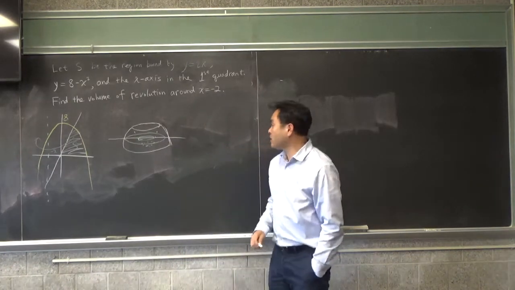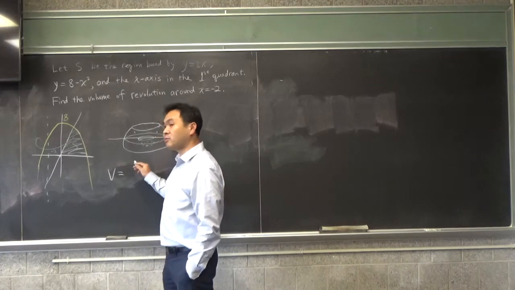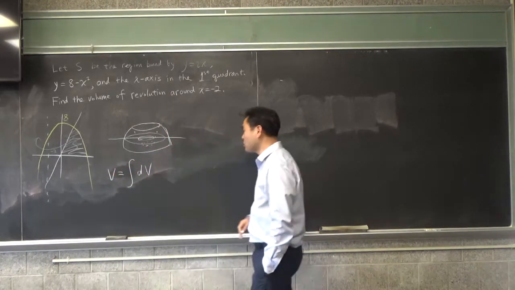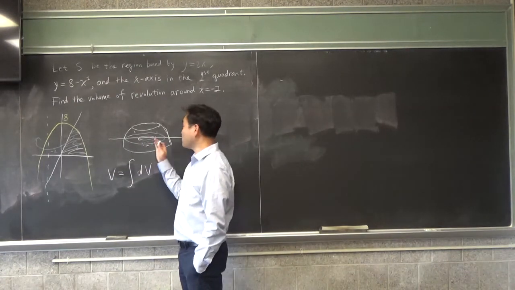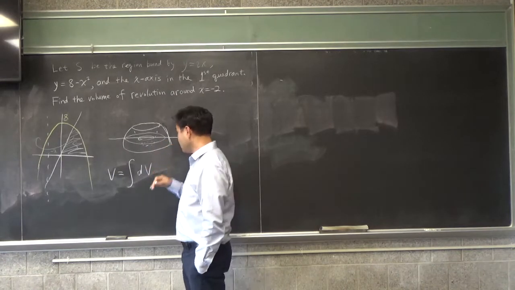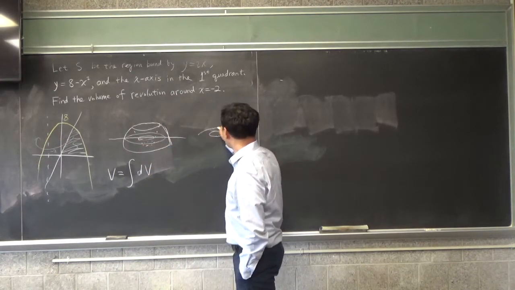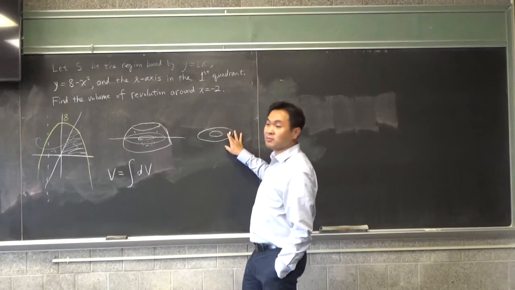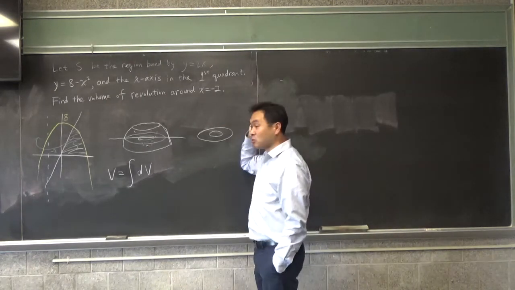We want to find this volume by saying volume is the integral of dV, the universal formula which always works. But dV means different things depending on which way you cut it. The thickening is in y. If I draw that washer, this by itself doesn't have any volume. The volume of a flat object is 0, so even if you add them up, it's still 0.